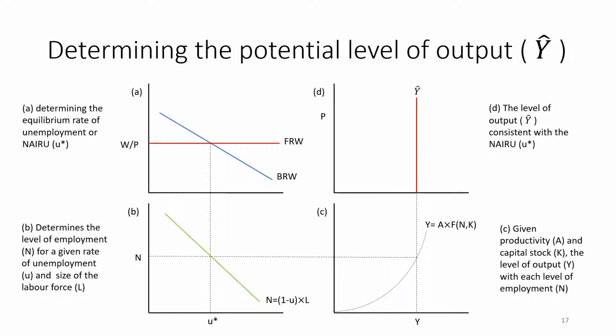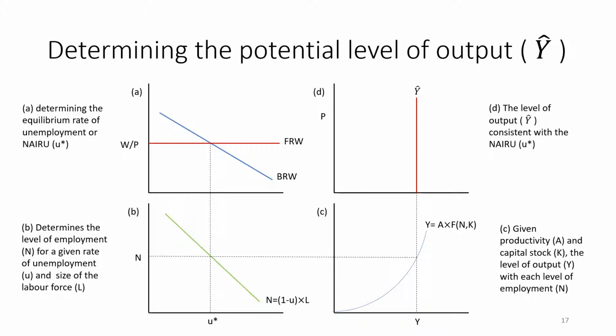Let's look at this graphically. In panel A, we've basically derived the equilibrium rate of unemployment, or the NAIRU, and this is just where the feasible real wage and the bargain real wage are consistent with each other. Given this rate of unemployment, the level of employment is basically just 1 minus the proportion who are unemployed multiplied by the size of the workforce, and this is shown in panel B. So given an equilibrium unemployment rate and the size of the labour force, we can work out how many people are in employment.